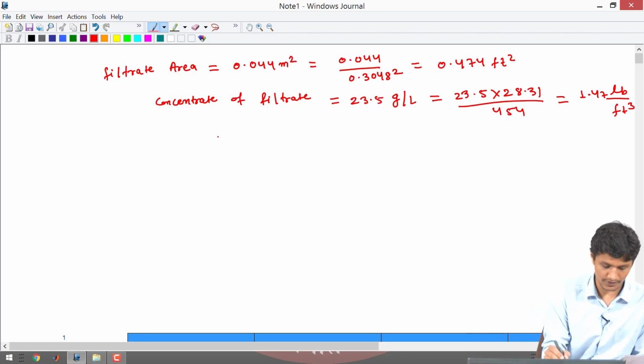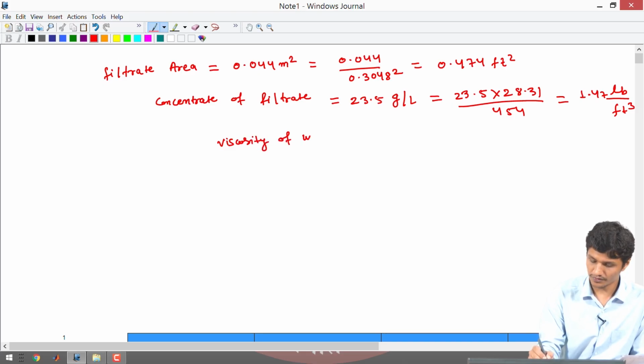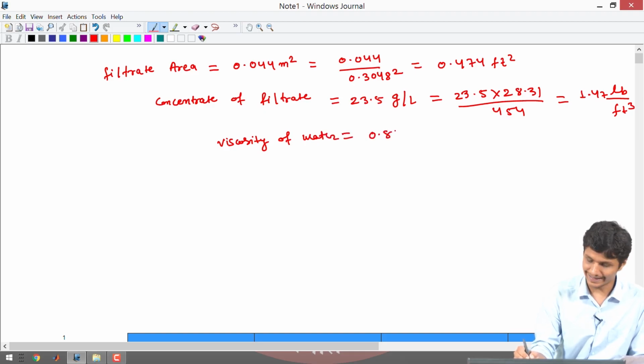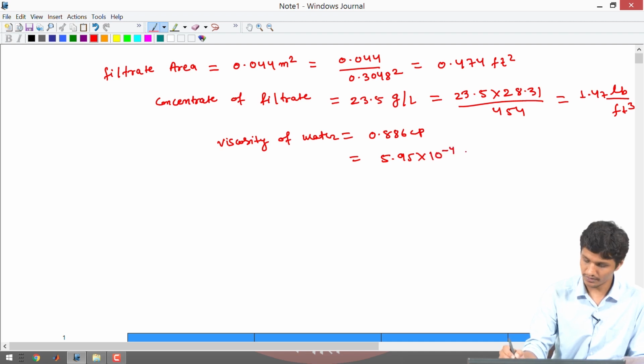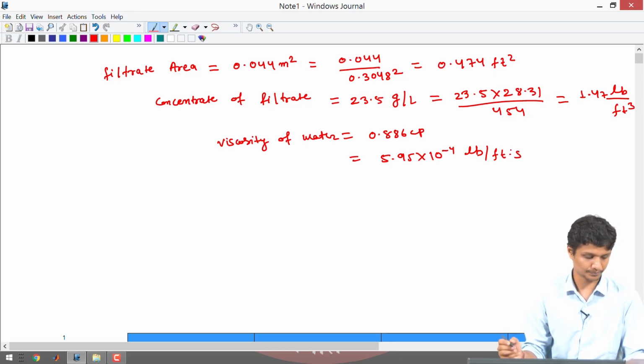Similar to viscosity of water, equal to 0.886 centipoise, equal to 5.95 into 10 power minus 4 pound per foot second.